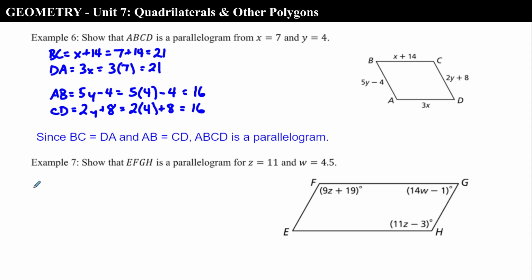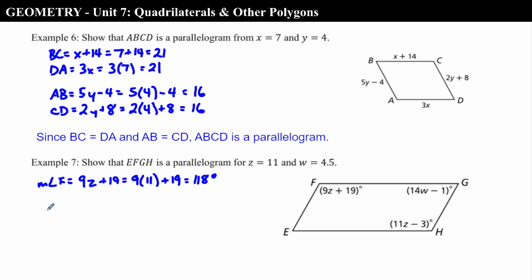So let's first of all find out what all the angle measures are. The measure of angle F equals 9z plus 19, which is 9 times 11 plus 19, which gives us 118 degrees.